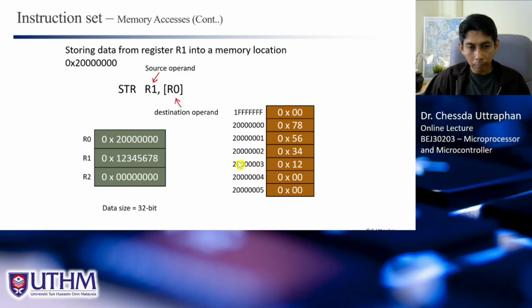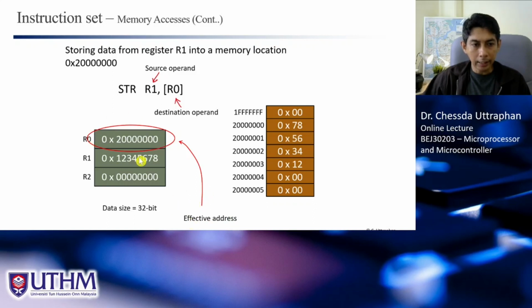And you see how it is stored. It stores the least significant byte first, 78, followed by the next, 56, then 34, and 12 is the last to be stored in the memory.